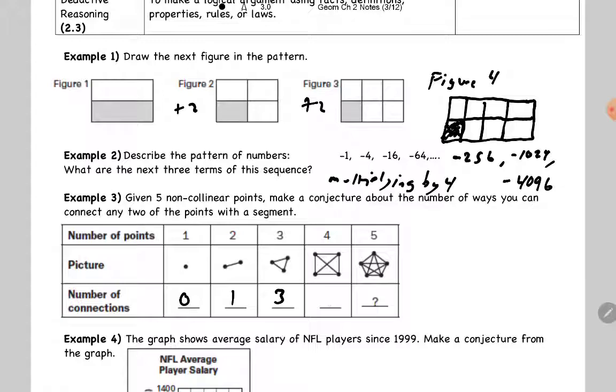If I have 4 points, 6. So what's going on here? We added 1, then we add 2, then we add 3. So the next one would be add 4, which will make this 10.